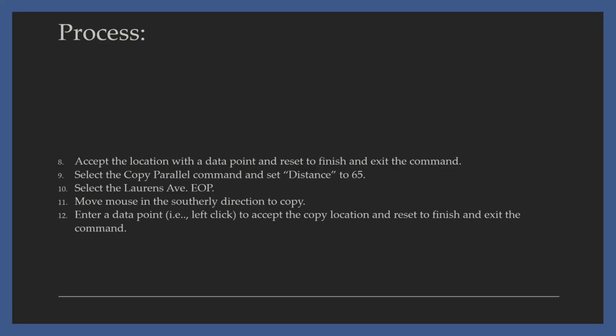Select the copy parallel command and set the distance to 65 feet. Select the Lawrence Avenue edge of pavement, then move the mouse in the southerly direction to copy. Enter a data point, that is, left click to accept the copy location and reset to finish and exit the command.